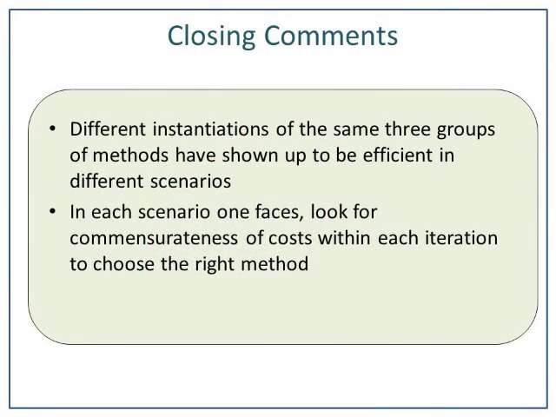And so closing comments is that different instantiations of the same three groups of methods have been shown to be efficient in different scenarios. And who knows, in the future you'll come across more scenarios, a different version of these methods will come back. But again, you're coming back to the same methods again and again. We are not really inventing any new methods, but it's working with the same three methods.